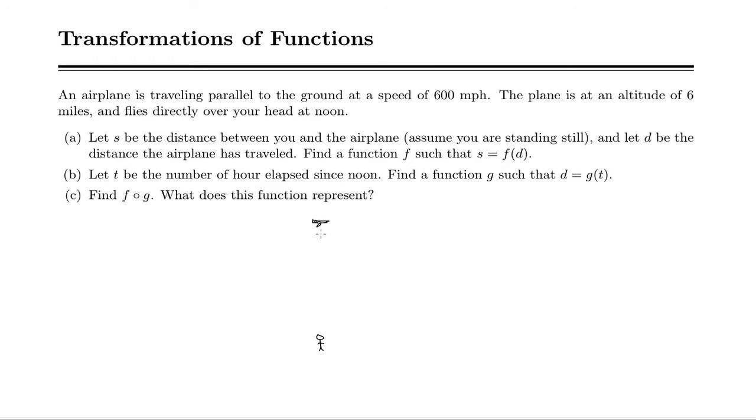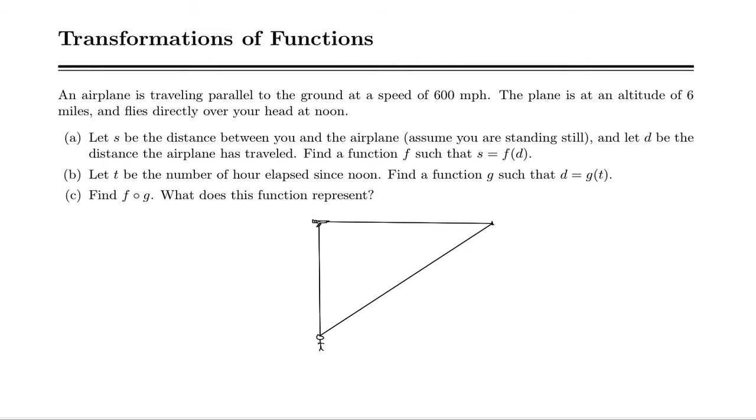All right, and it flies for a while in a direction. And it ends up at some time t. And we want a couple distances. So let's just look at that right there.